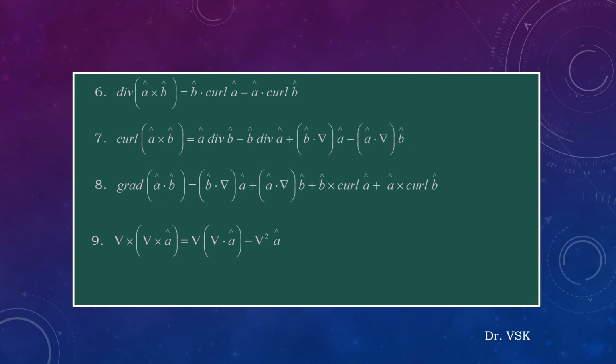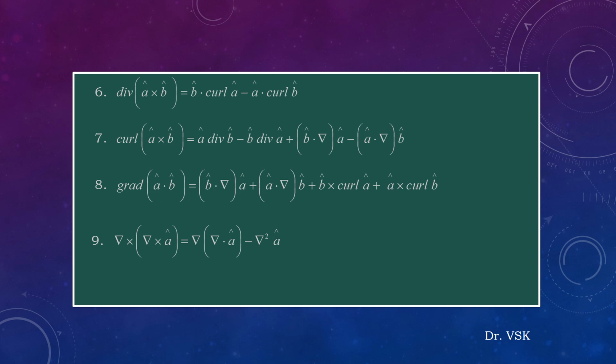There are four terms on the RHS of this identity. Each term is a vector field. So the RHS is a vector field. LHS is also a vector field. Altogether, this eighth identity is a vector identity.